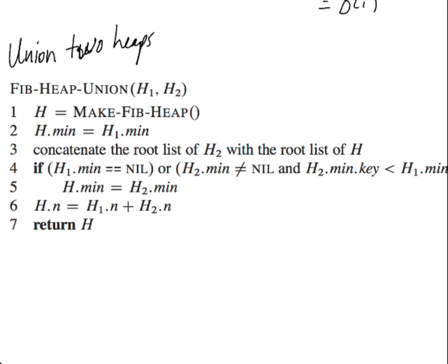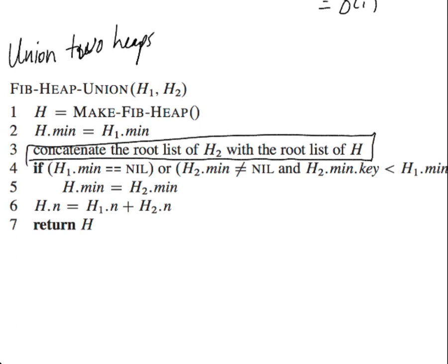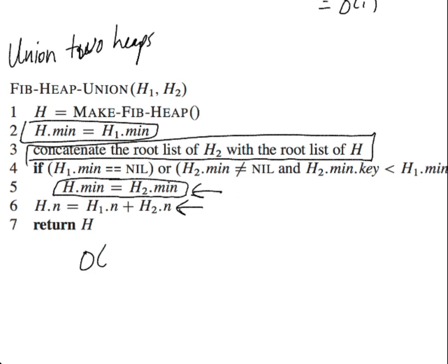And again, there's no loop, so it's going to be constant time. All we're going to do is concatenate the root lists together, and those are just linked lists, so we're just going to change a couple of pointers. And then we update the min. Here, we set the min to be the first heap's min, and then if the second heap's min is smaller, then we update it here. And then just update the total number of nodes, and we're done. So this is constant time as well.